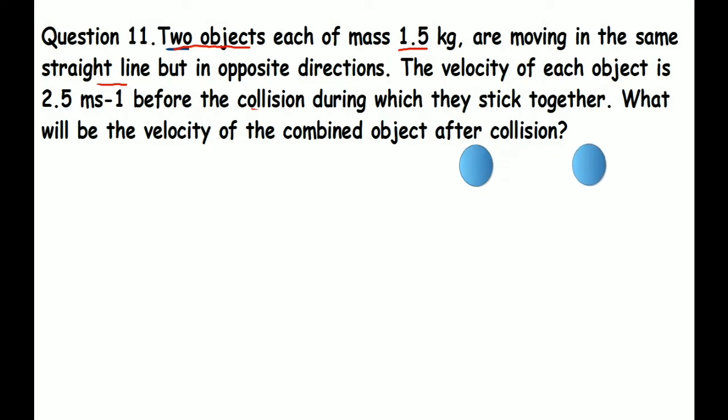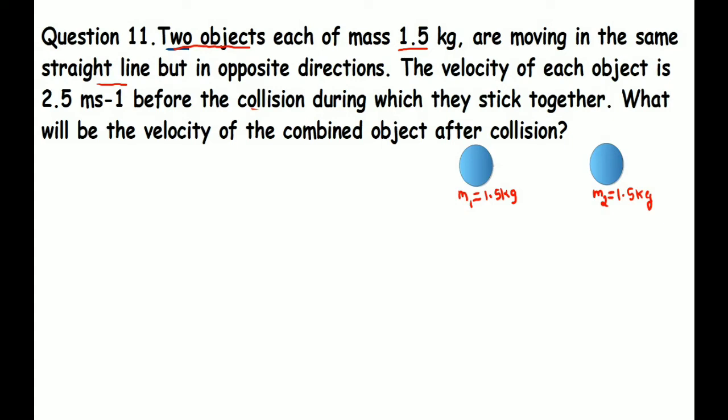Two objects of the same mass, each of mass 1.5 kg. Now student, the second object has the same mass, 1.5 kg. Now they are moving in the same straight line, but in opposite directions.